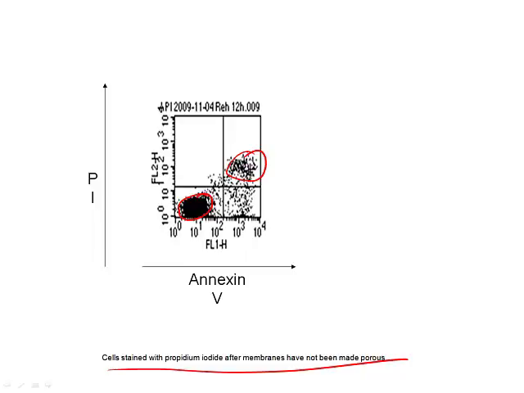That means these cells have not only induced apoptosis, but also are at a stage of apoptosis which we call secondary necrosis, where the membrane becomes leaky. Also implying that these are the cells which are early stage apoptotic. They are just going into apoptosis. Okay? So you have a progression from here to here to here.